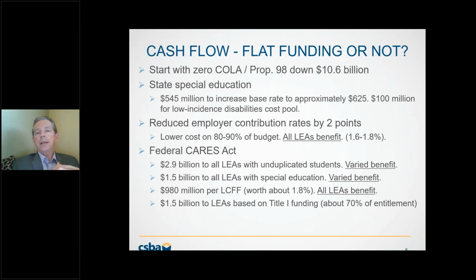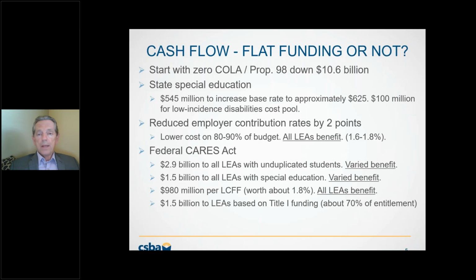The higher your unduplicated count, the higher the percentage this means to you. So you could see by local educational agency a variance of maybe $50 or $80 per pupil, all the way up to maybe $800 or $900 per pupil. We wanted you to know we don't yet know exactly how this money gets allocated.